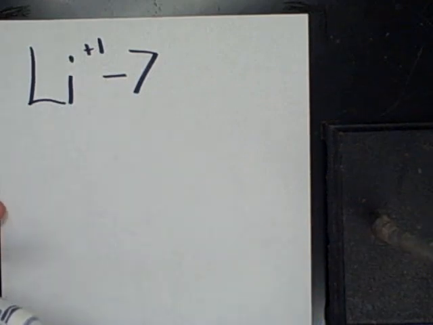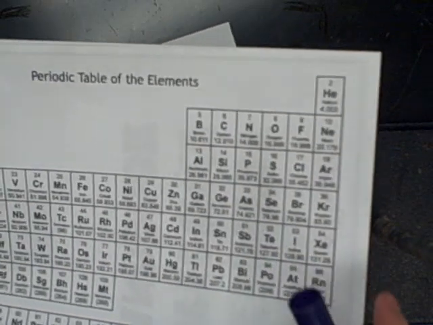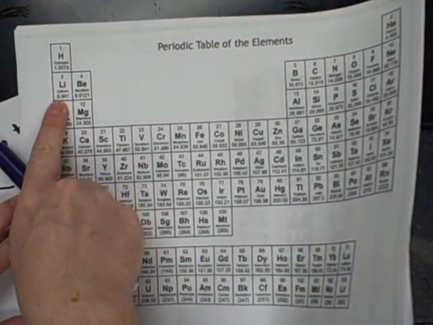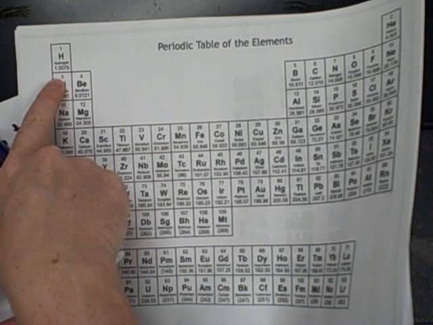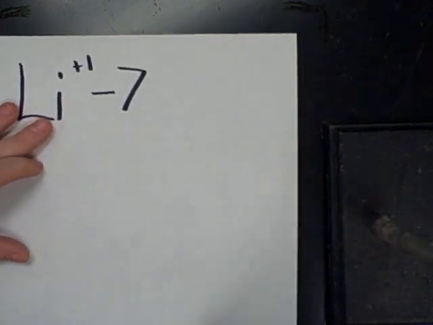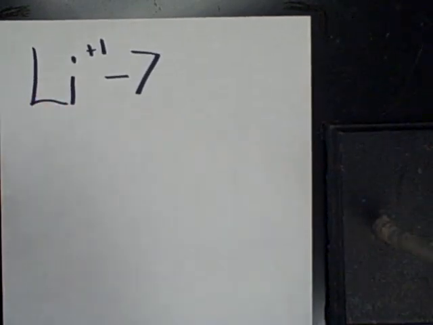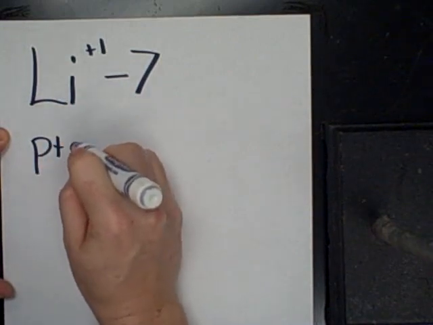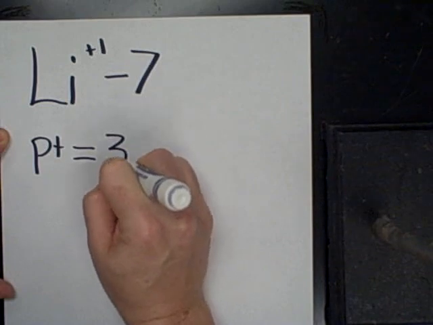What they're not giving us in this format is the atomic number. So we look on the periodic table, and we see that lithium here is element number 3. So lithium has an atomic number of 3. So the number of protons in a lithium is 3.